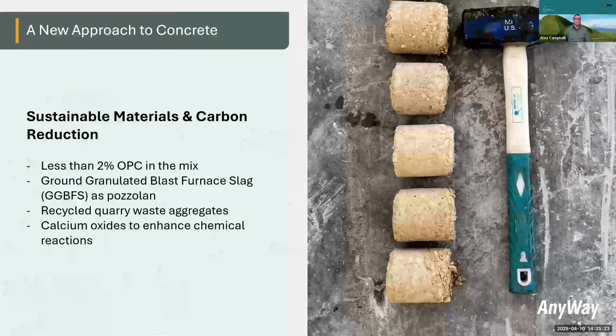We want to use recycled quarry waste. That was important to us because through our contacts, we were always asked by various quarries, whether it was a borrow pit or for a specific project, about this material that can't be used, particularly in a road, but also in concrete. It's typically too fine.